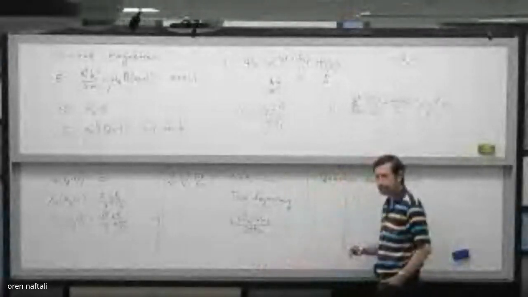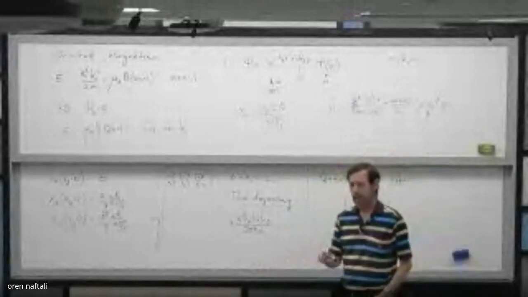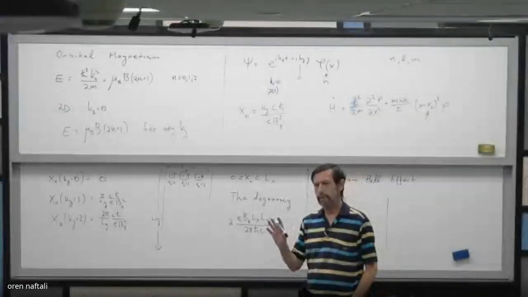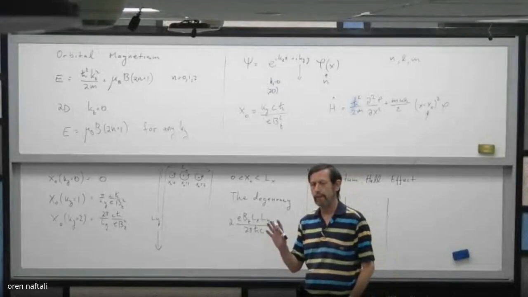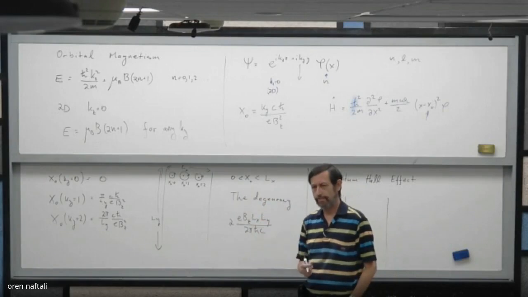Okay, if I have, let's think of it even classically, a particle in a magnetic field, what is the current that it's taking? What is the current that flows there?